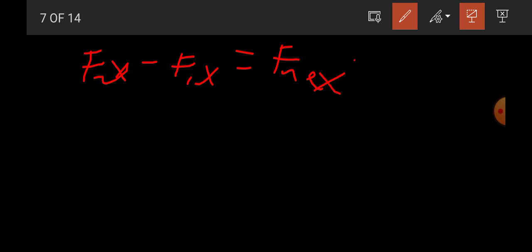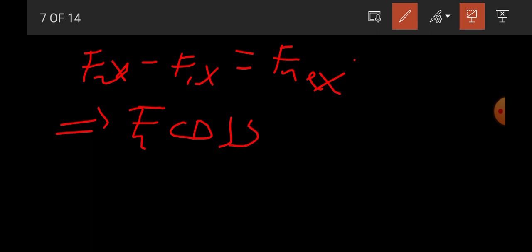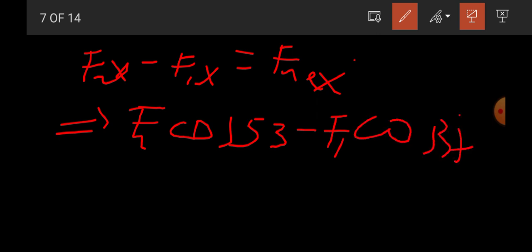F2 of x is F2 times cosine of 53, minus F1 of x, which is F1 times cosine of 37 degree.